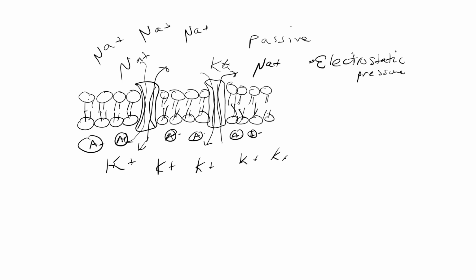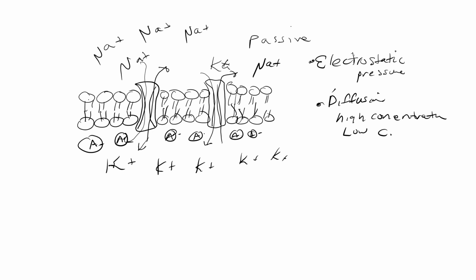The potassium wants to flow out, but it wants to flow out for another reason. The reason the potassium wants to flow out is due to diffusion. I'm so sorry, guys. I'm sick. I'm just trying to get something for you here. Diffusion. So when we're talking about diffusion, things want to go from an area of high concentration to an area of low concentration.